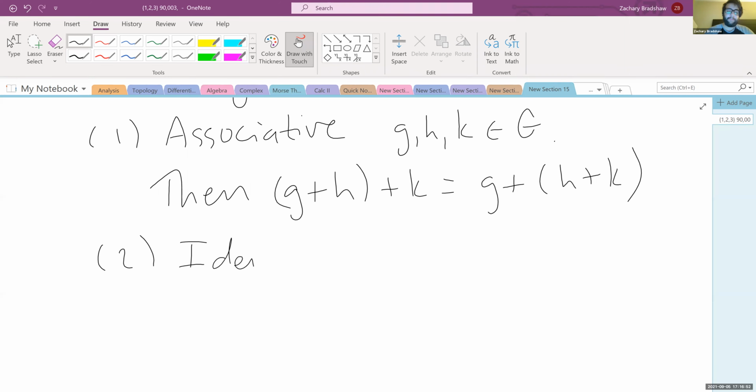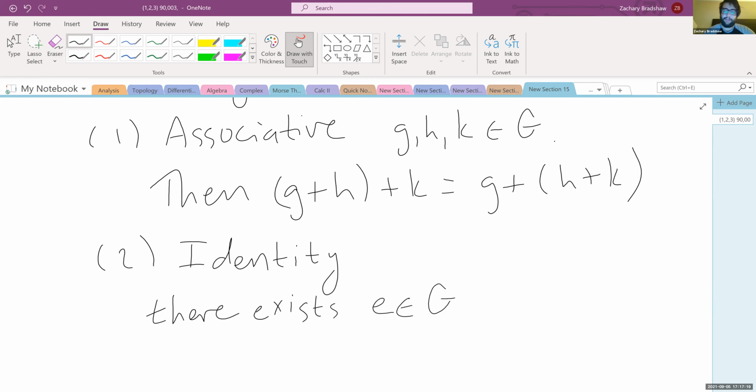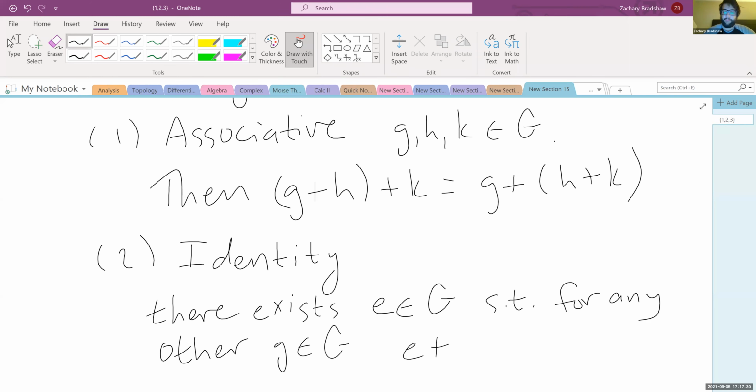So you need an identity. So the identity is an element we usually call e in the group. So we need that there exists an element e in G such that for any other element, let's call it g, e plus g is equal to g.